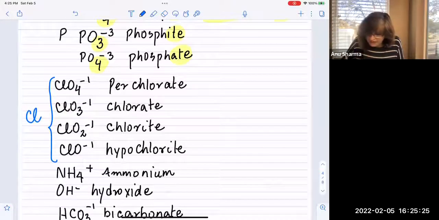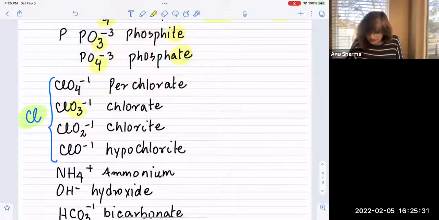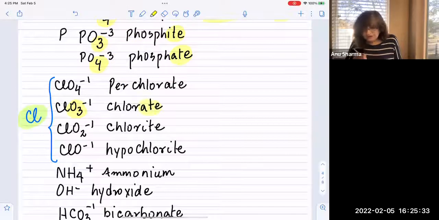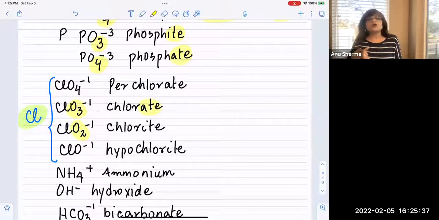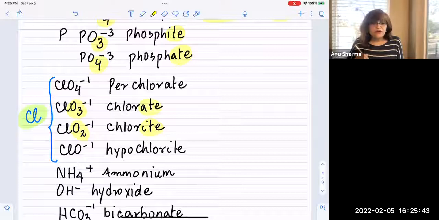But initially we discovered that chlorine can combine with 3 oxygens. So we said, okay, give it the name chlorate. And we said, okay, chlorine can combine with 2 oxygens also with the negative charge. So we called it chlorite. Okay, it's a polyatomic ion, right? So there's going to be a charge.